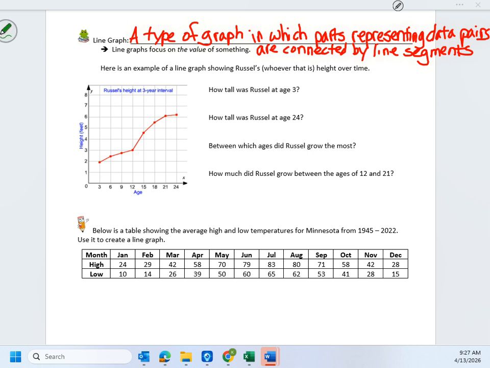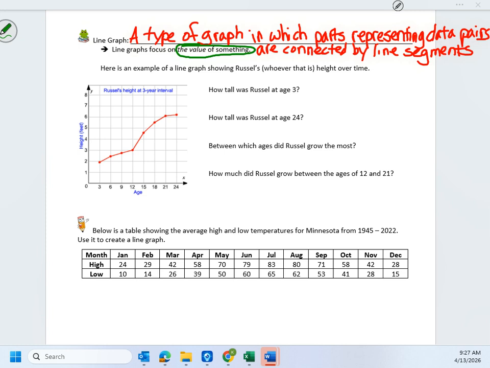Now, just like with our bar graph, the bar graph we use to see how many, there is a reason why we would use a line graph. A line graph focuses on the value of something. So it's important to keep in mind the different reasons we use different graphs.